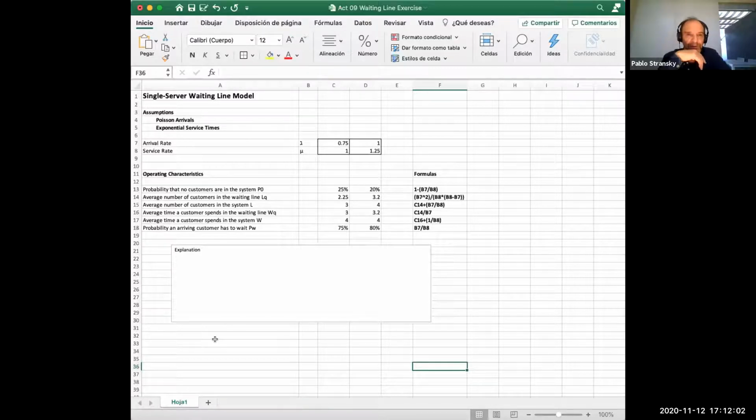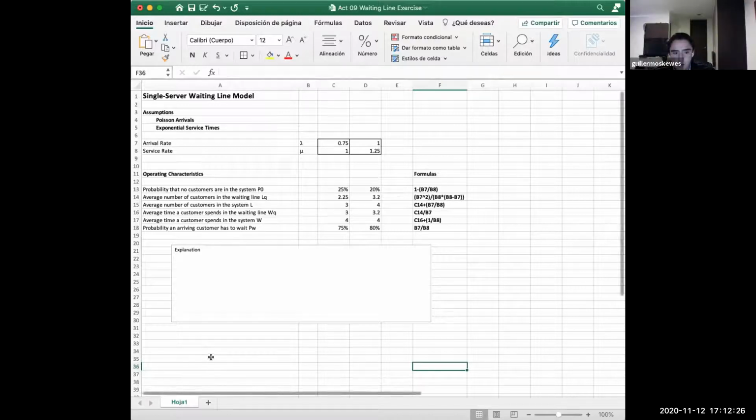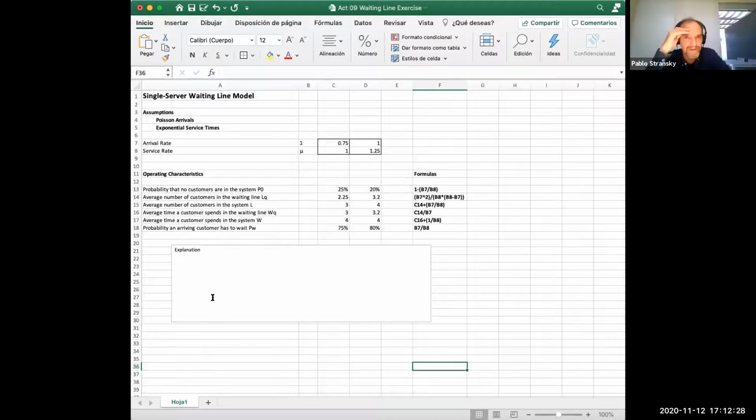Average number of customers in the system, it went from 3 to 4. Everything got worse. Average time a customer spends in the waiting line went from 3 to 3.2. Average time a customer spends in the whole system is exactly the same. That's interesting. So I don't think it really got better. No, I don't see any improvement.